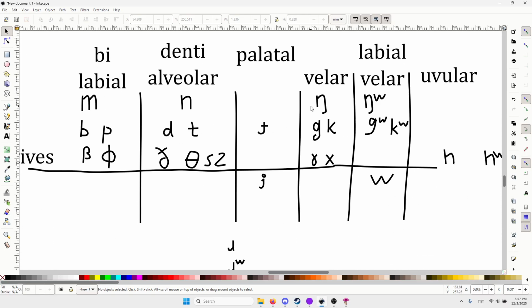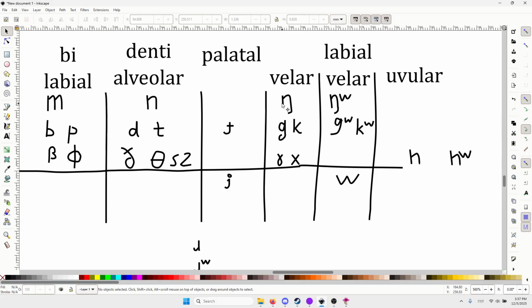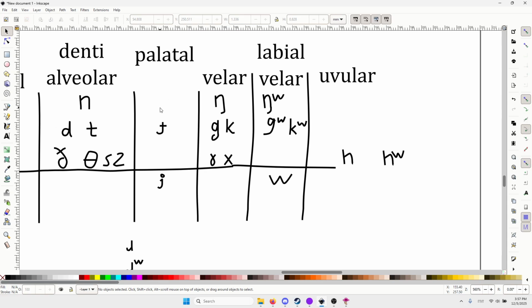And if we look at here, the nga, which we usually see before ga, like rings for ring. I can't remember if this is attested, but in English we would just say ring, but with that nga sound always followed by a g sound.